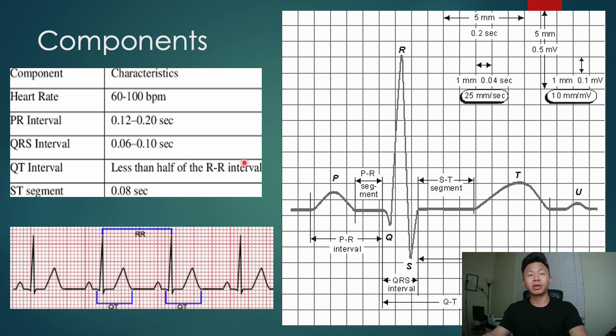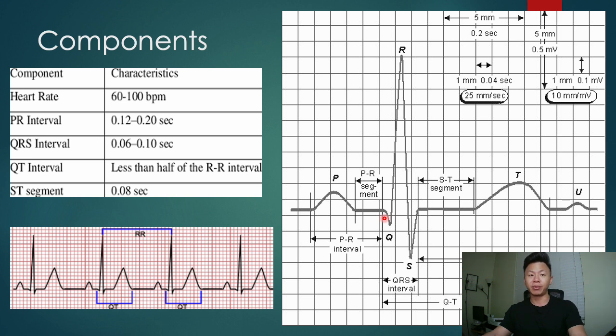Now, some measurements that you need to find before being able to distinguish certain heart rhythms are what we call your PR interval. You're going to take that very initial portion of the hill before the P wave starts. You see that hill? You're going to take that first initial line and you're going to measure it all the way to the beginning portion of that Q. That is called your PR interval.